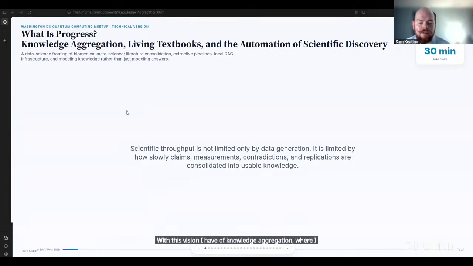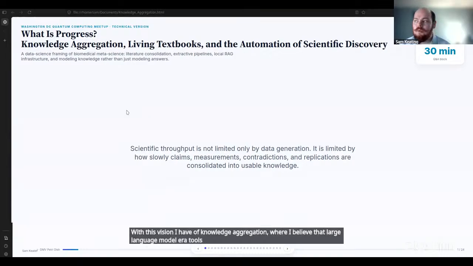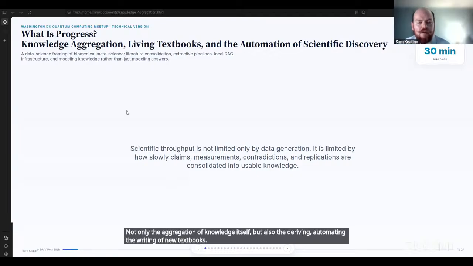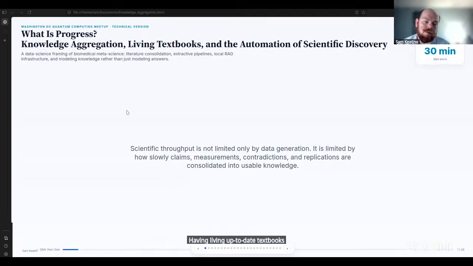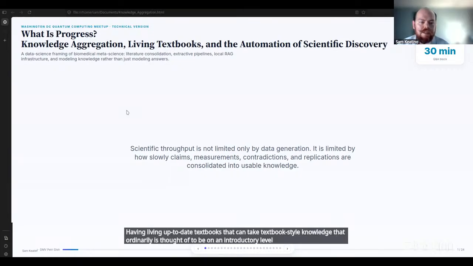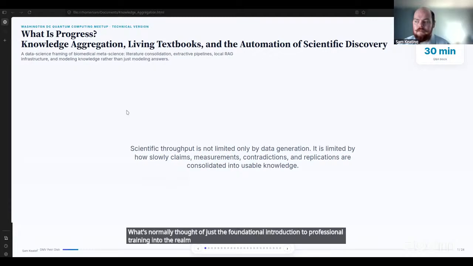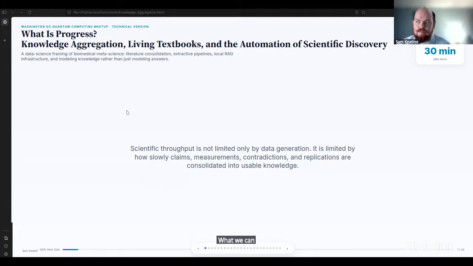I believe that large language model era tools can be helpful towards automating not only the aggregation of knowledge itself, but also the writing of new textbooks, having living, up-to-date textbooks that can take textbook style knowledge that ordinarily is thought of to be on an introductory level, what's normally thought of as just the foundational introduction to professional training, into the realm of what we can actually convey across professional disciplines.